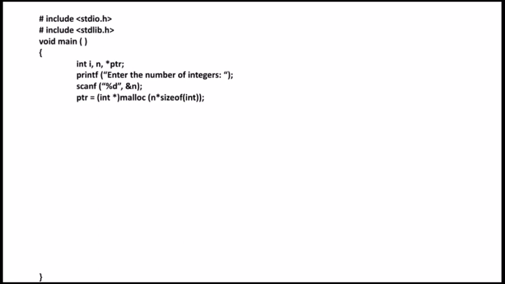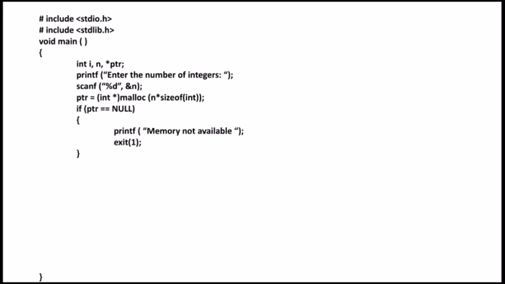This value is of type void, returned by the malloc function, and it will be converted by using the typecast, that is int star, and saved in ptr.